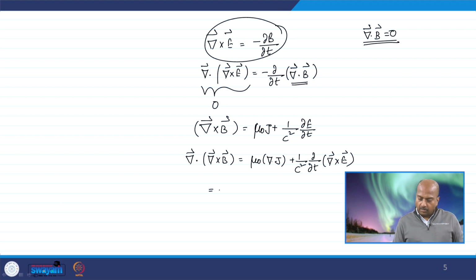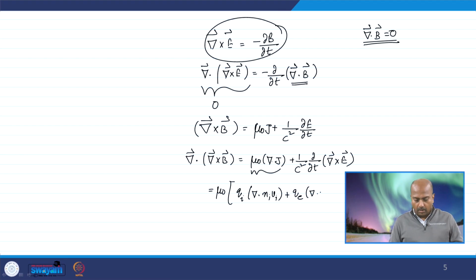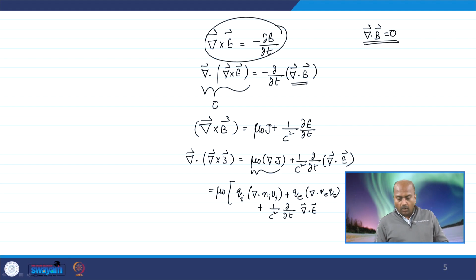So we can write it as mu naught times del dot J. We can expand this and write mu naught times qi times del dot ni vi plus qe times del dot ne ve plus 1 by c square dou by dou t of del dot E. All of this equals 0.